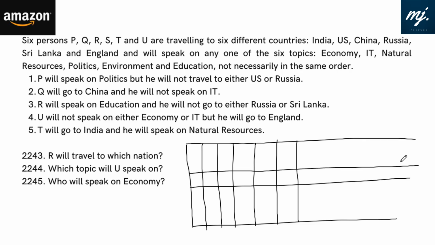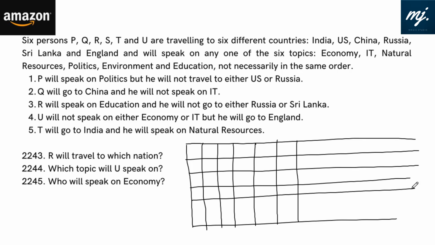Let me bifurcate it like this. Simpler. P, Q, R, S, T, U traveling to India, US, China, Russia, Sri Lanka, England. Very good. And will speak on any one of the 6 topics.